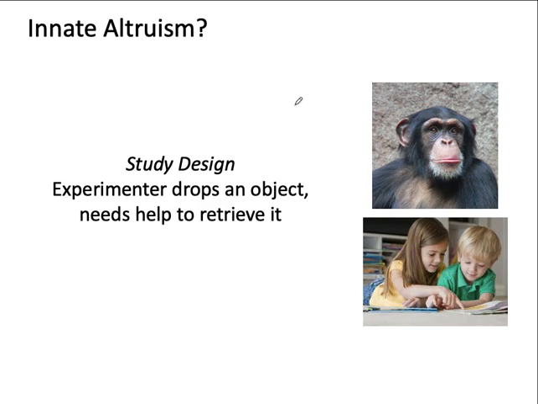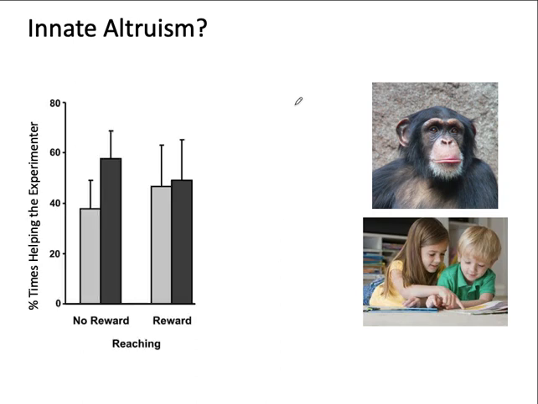And so this is an example of one particular study looking at a kind of altruistic behavior in chimpanzees and humans. The way it works is that an experimenter drops an object and needs help to retrieve it. This protocol was repeated among chimpanzees, and then separately among kids, among humans.